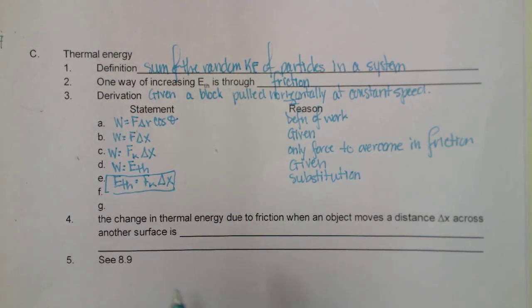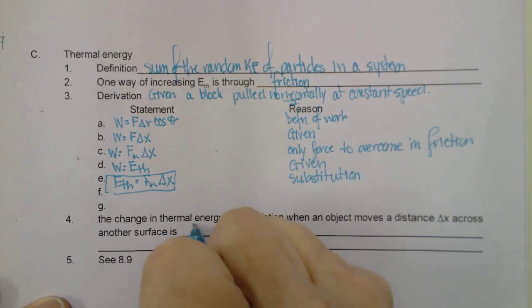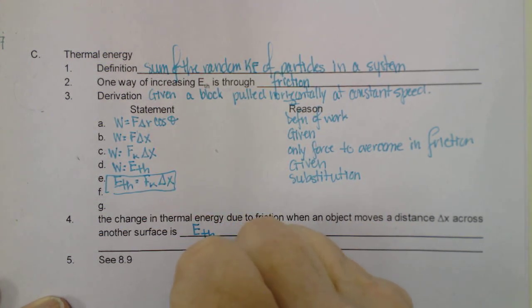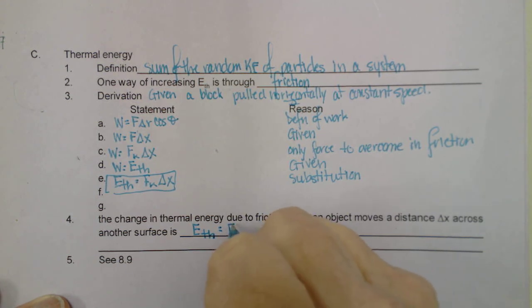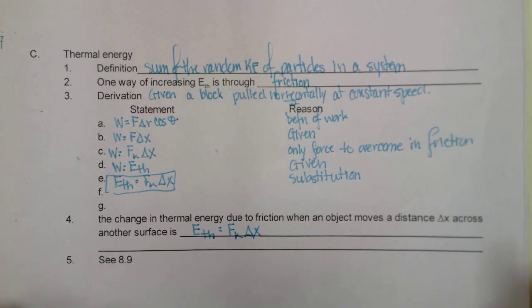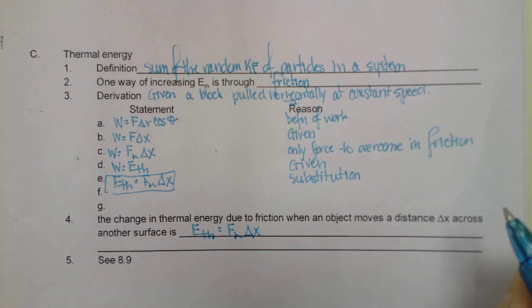And the change in thermal energy due to friction when an object moves a distance delta x across another surface is, again, I'm just going to write this out for you, E thermal, which is equal to the force of friction times the length that it's being moved.